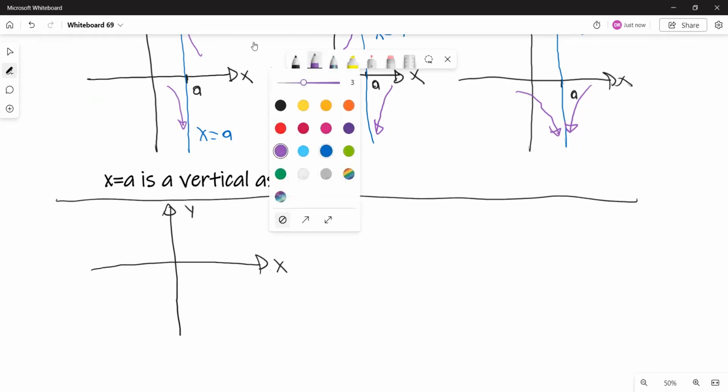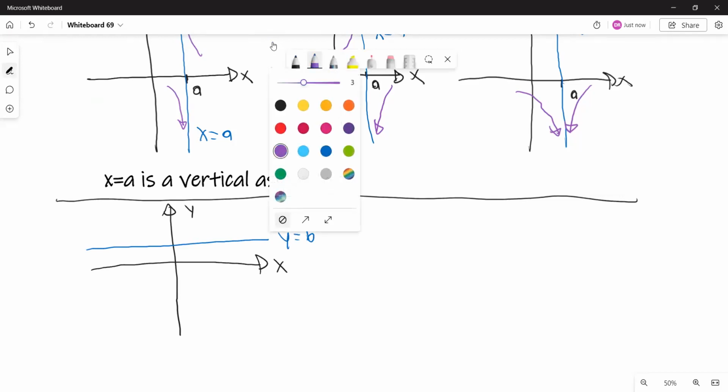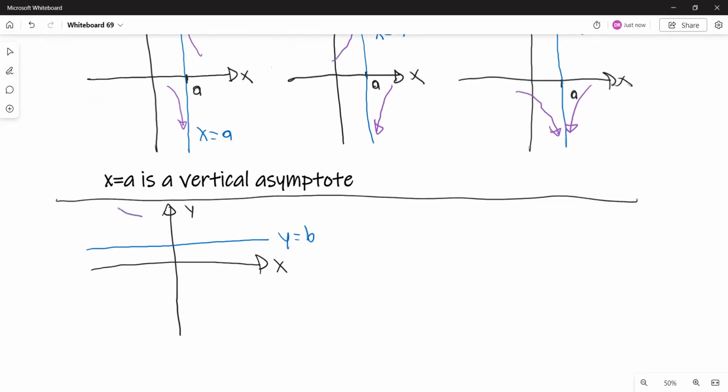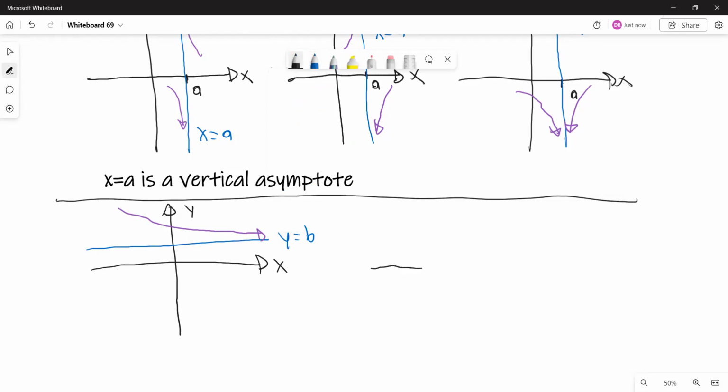So one possibility could be like this. You have the line y equals B, and the graph of the function will approach B. Or the graph can actually cross a horizontal asymptote.